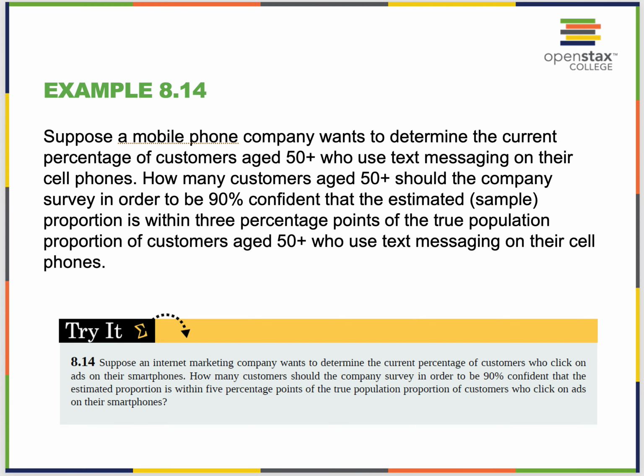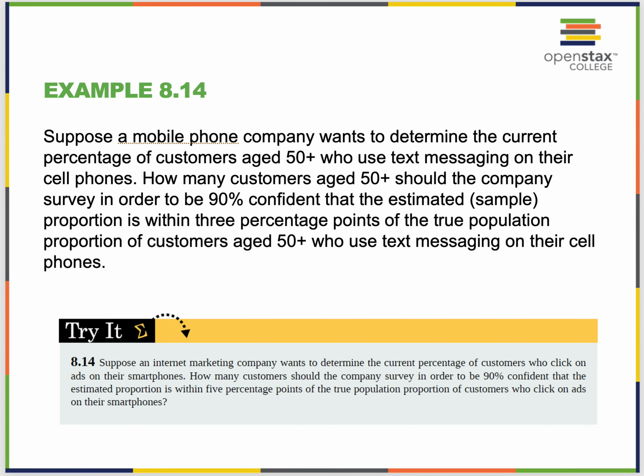The problem: suppose a mobile phone company wants to determine the current percentage of customers age 50 plus who use text messaging on their cell phones. How many customers age 50 plus should the company survey in order to be 90% confident that the estimated sample proportion is within 3 percentage points, plus or minus 0.03, of the true population proportion of customers age 50 plus who use text messaging on their cell phones?